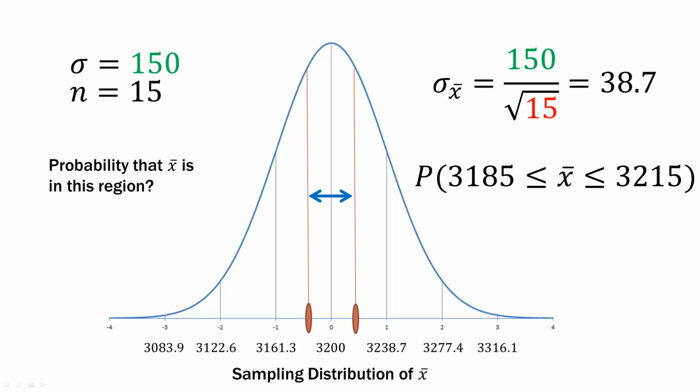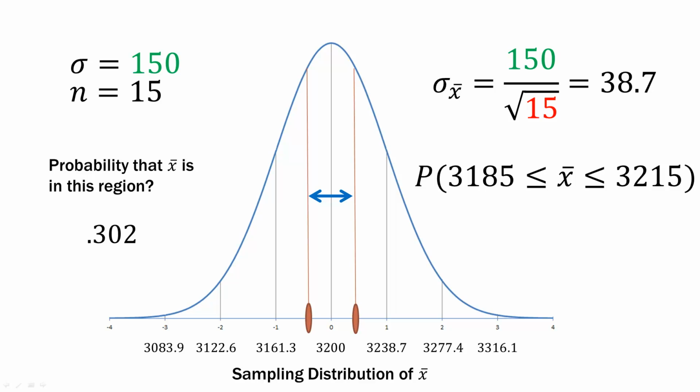Again, all I did here was put the endpoints of our probability statement onto our graph down here at the bottom under the brown oval shapes, and then put lines up to show what region that is. Now the blue arrow in the middle there represents the region we're interested in. So we want to know the probability, or the area under the curve, for that region, represented by the blue arrow.